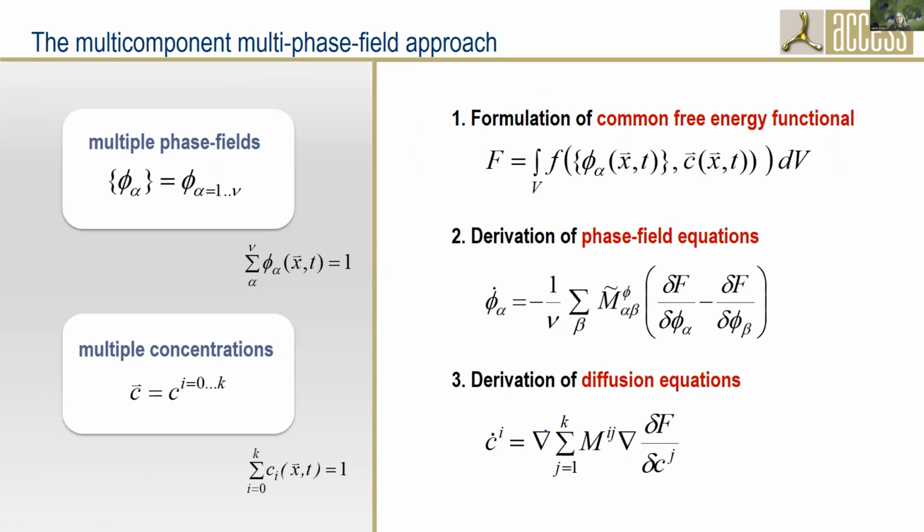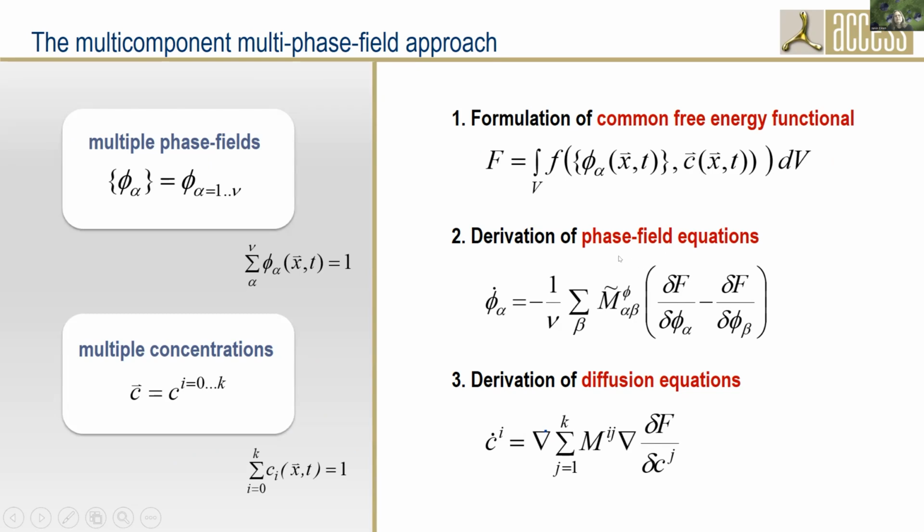And now to make it even more complicated, in a typical simulation, we do not only have multiple phases, but we also have multiple concentrations. And then we have to formulate a common free energy functional dependent on both parameter sets.